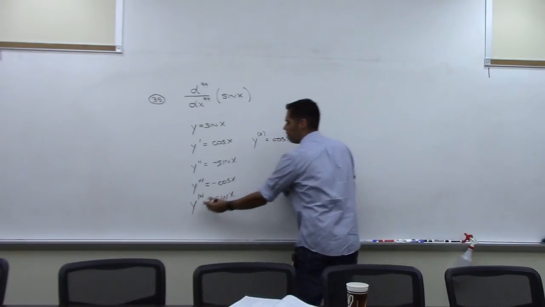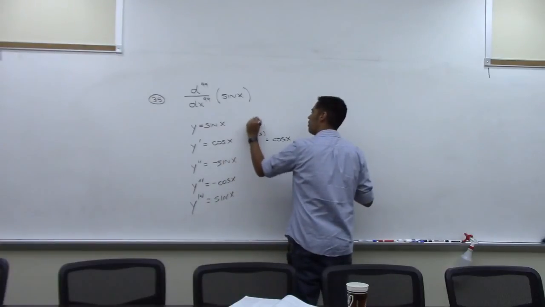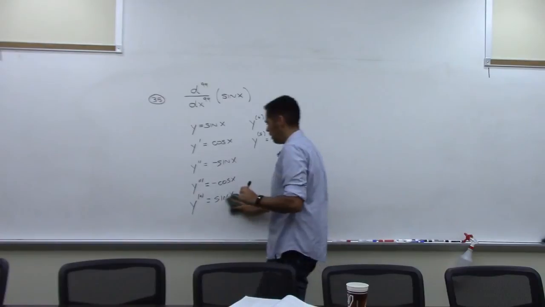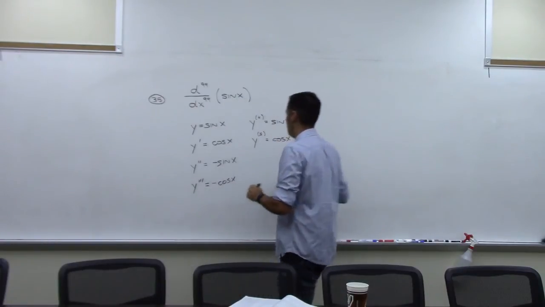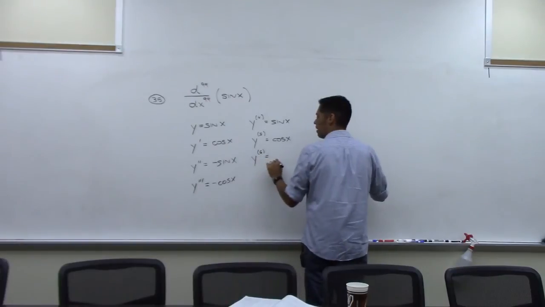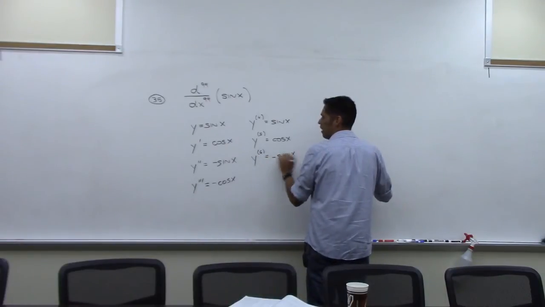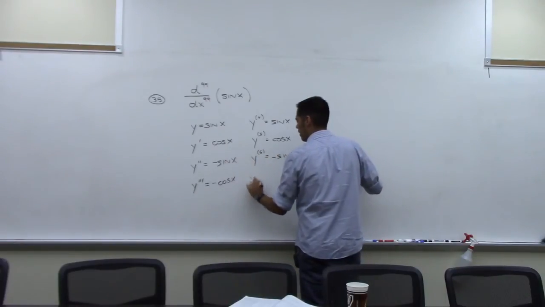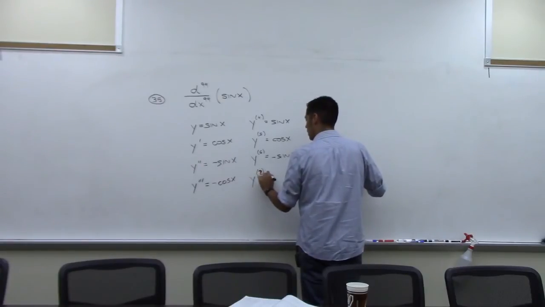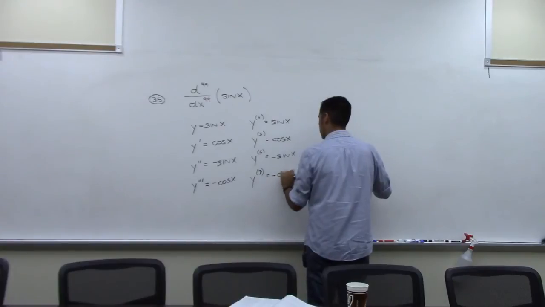And I think what I'll do is move this fourth derivative up here. Fourth derivative was sine x, and I'll erase it down here. And then the 6th derivative is going to be negative sine x. So I'm just following this pattern. The 7th derivative equals negative cosine x.